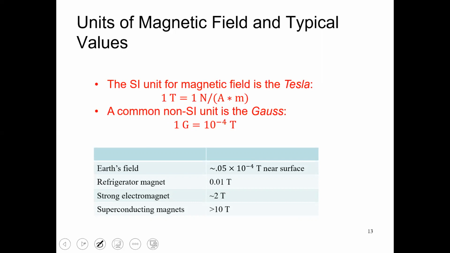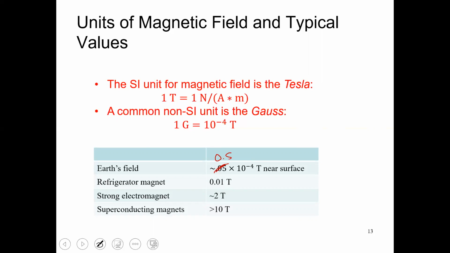Earth's field that you would measure with a compass is about, I actually have a typo there. This should say about half. No, that's actually right. Yeah, half times 10 to the minus 4 Teslas near the surface of the Earth. That's half a Gauss, right? That's why Gauss is a commonly used unit, though not SI.